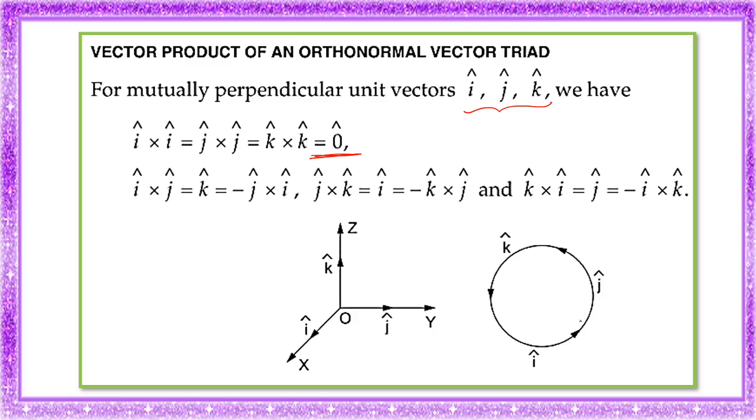But if we go in the opposite direction, we do it as minus j cross i, then also it is going to be k. Minus j cross i will be k. Now j cross k. If it is going in this direction, then definitely we will get the positive result, that is i. And when we go in the opposite direction from k to j, then we are going to get minus i, or we call it minus k cross j. Same way here also.